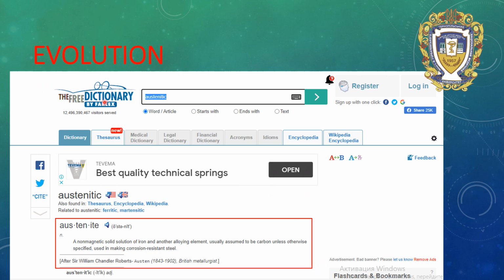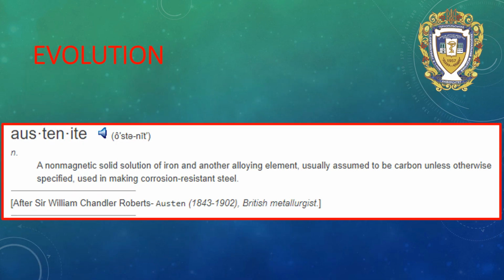According to the Free Dictionary, stainless steel means a non-magnetic solid solution of iron and another alloying element, usually assumed to be carbon unless otherwise specified, used in making corrosion-resistant steel.